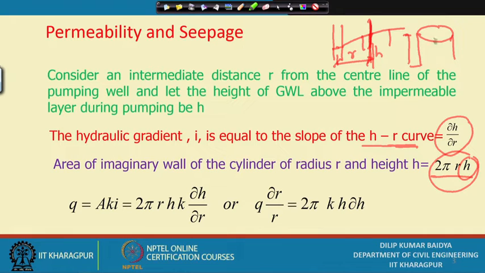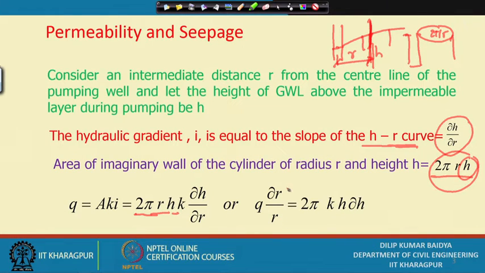Then q becomes k i a, where a is 2 pi r h and i is del h by del r.